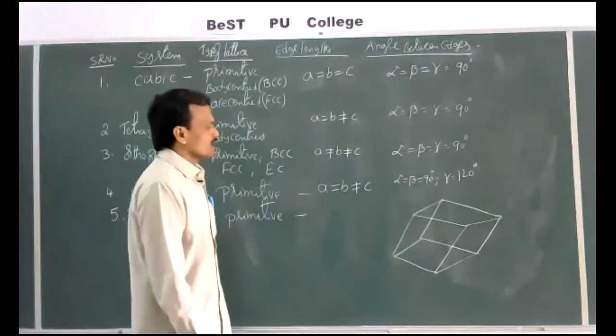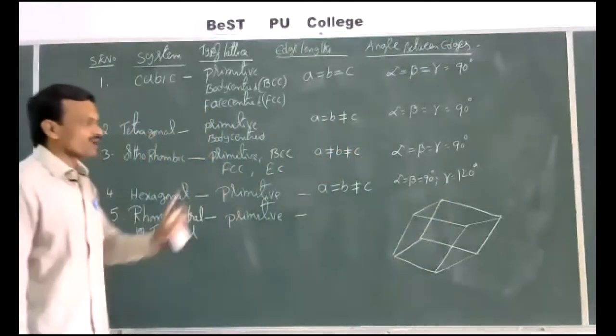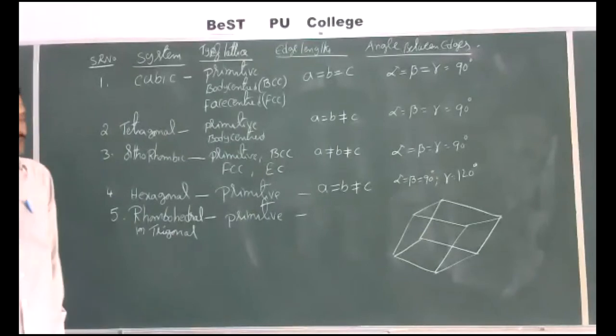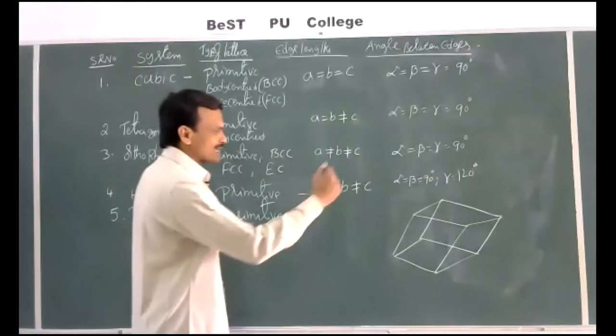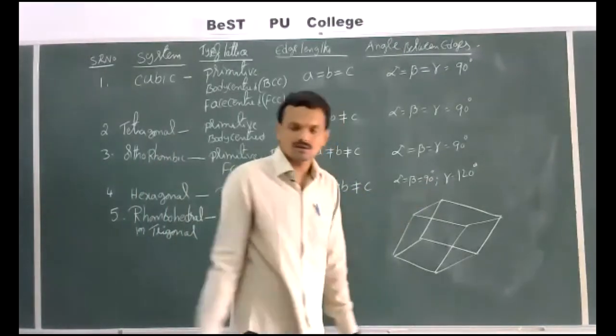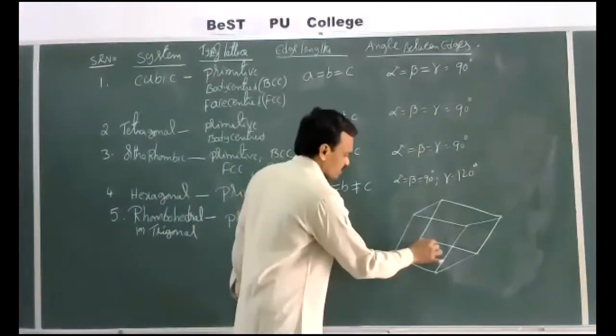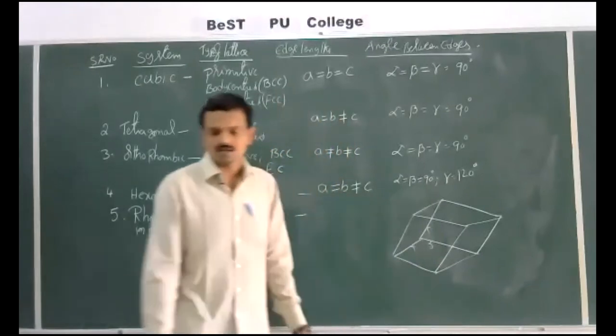Now here, in this case, all lengths are equal. So A is equal to B is equal to C. And all angles are also equal but not equal to 90 degrees. Here A value, B value, C value, all three lengths are equal.